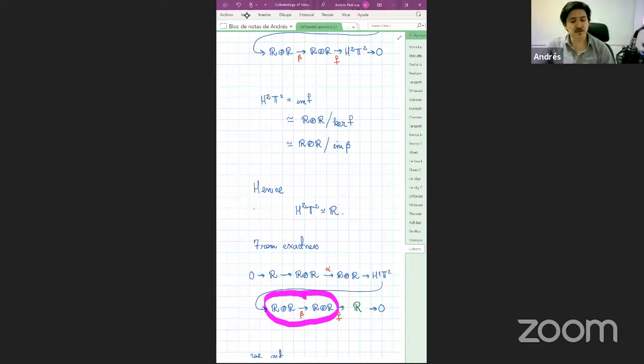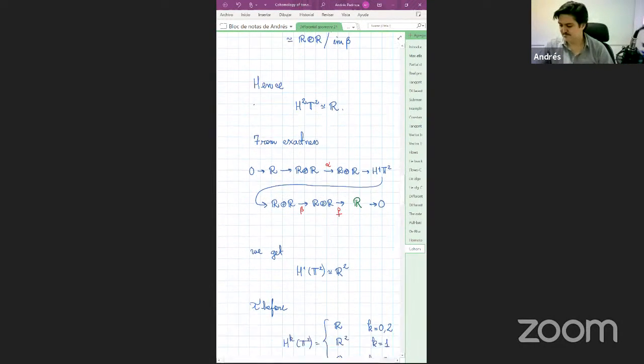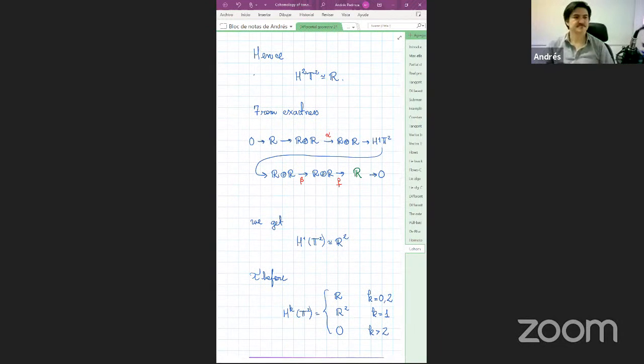It suffices to know beta, and that's it. Great. Are there any questions? Okay, so let's move forward.